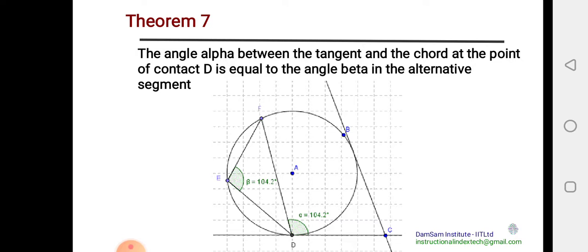The angle beta in the alternate segment is located right here at point E. Let's take careful note of this when we are having different shapes and different diagrams. If we study all these 8 theorems and we see any of them that look alike, we can easily key in and make use of the theorem correctly.